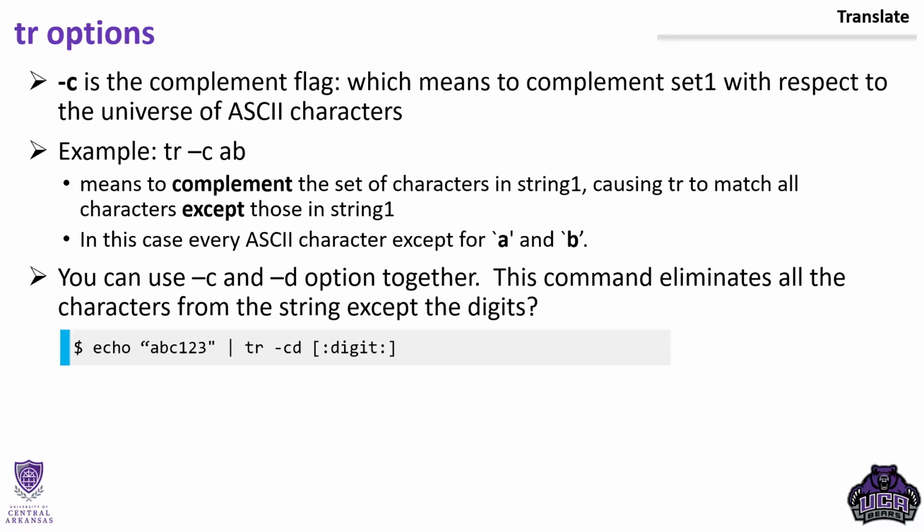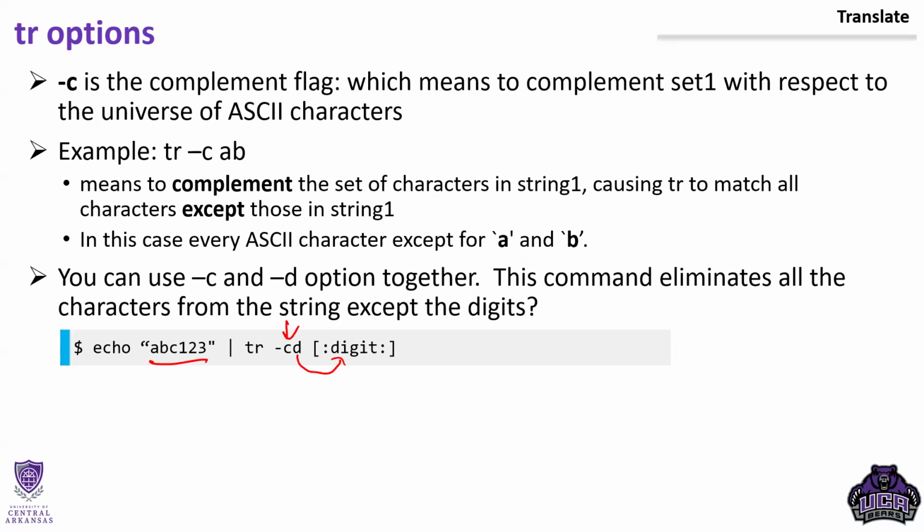All right, the complement, that can be confusing, but it's pretty simple. Just think the reverse. Anything you type, it's going to do the reverse of what you type. In this case right here, we have ABC 123, and I'm telling it to delete the digits, but then do the reverse of that. So what would it delete then? The letters. Perfect.